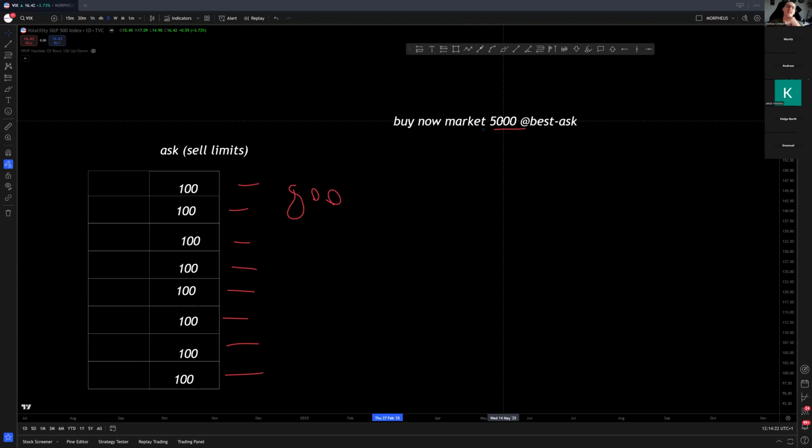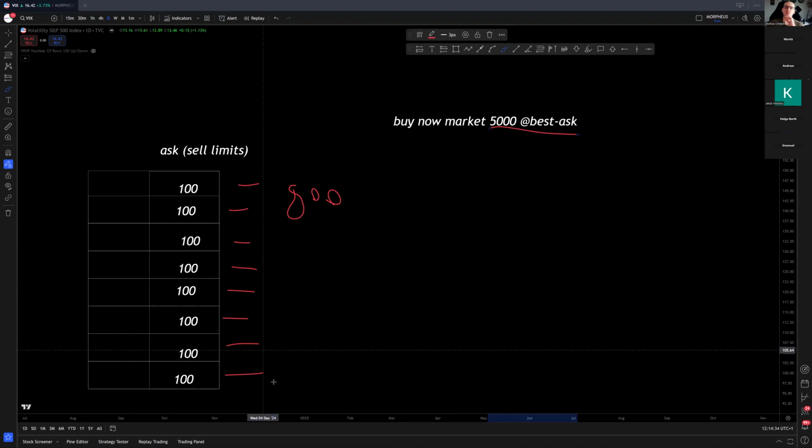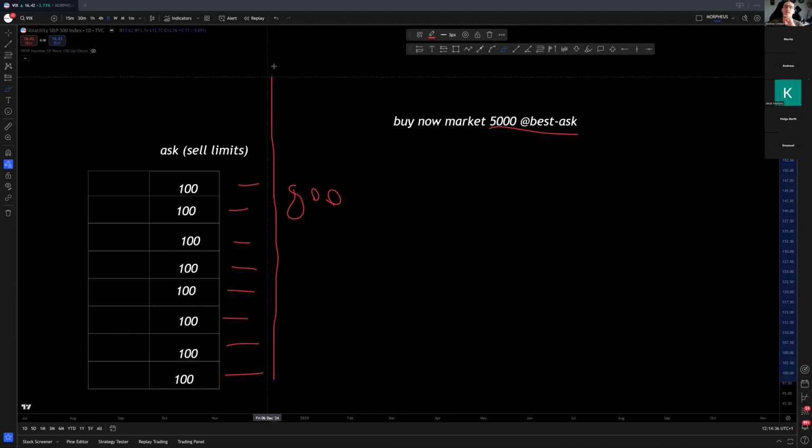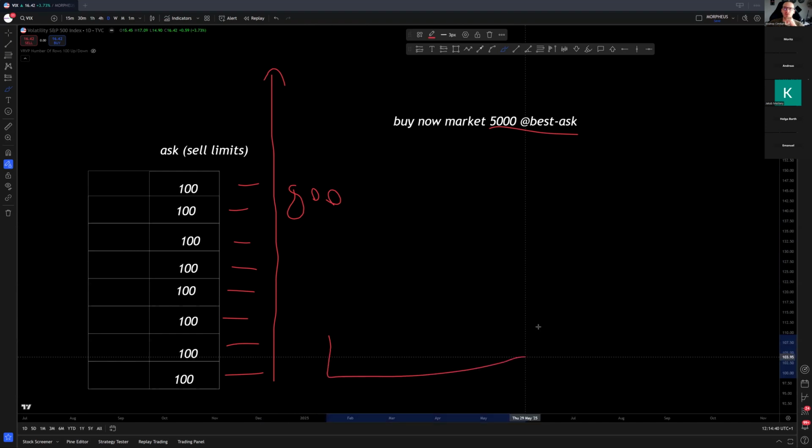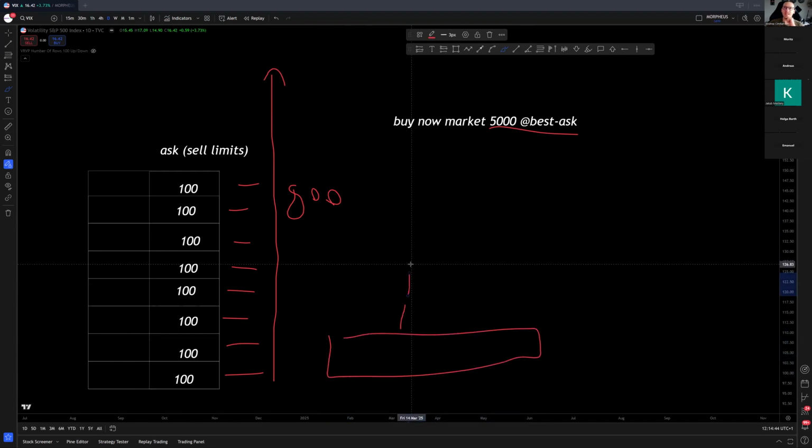If you need to buy 5,000 of that, which is not a huge amount for a big market participant, and you buy it all at once with one single order, you would move price enormously. Instead of having the 5,000 filled at this price, you're going to have to accept worse and worse fills on your order.